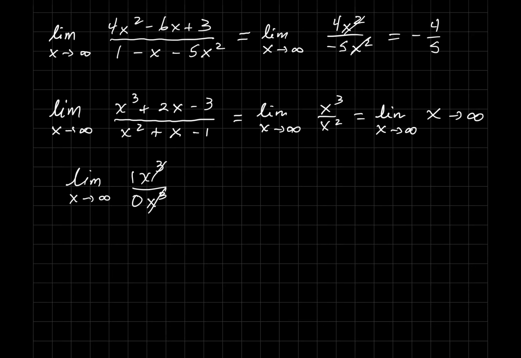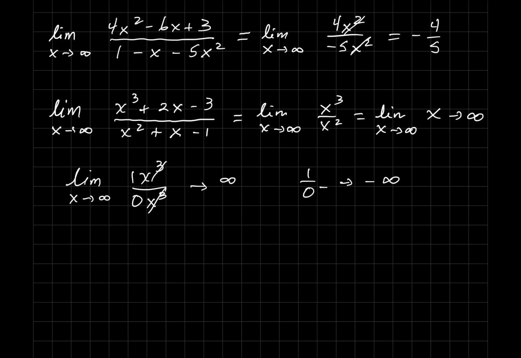And they get 1 over 0, which goes to infinity. Now, there's a little bit of a problem with that, in that if I had 1 over 0 from the negative side, that would go to a negative infinity. But I will talk about that in the next video, which will be pretty short.